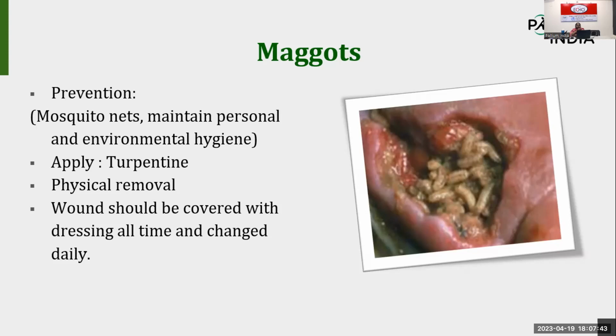If maggots are there, you can use turpentine oil, but not poured directly. Take turpentine on a gauze piece and keep it close to the wound. At that time the maggots will come out. Then you can remove the maggots physically, with the help of forceps.